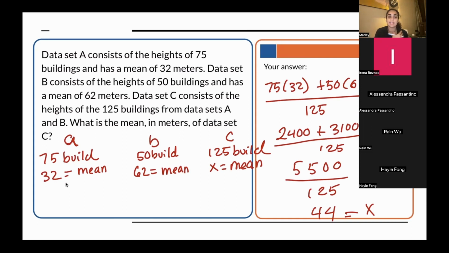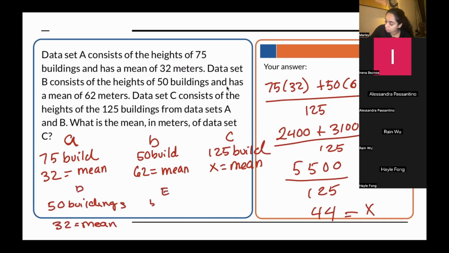And so if we were trying to find the average between the two, we couldn't just take the average of each one and then add it and then divide by 2. We would have to take into consideration each and every building in Manhattan and Brooklyn. You would only use 32 plus 62 divided by 2 if it was like 50 buildings and the mean was 32, for, let's call it D, okay?